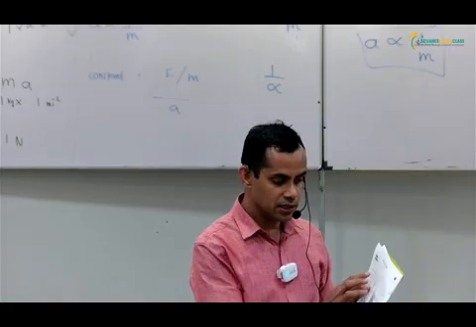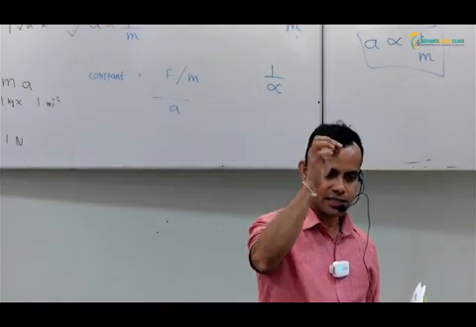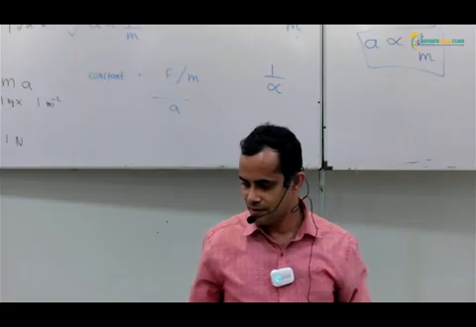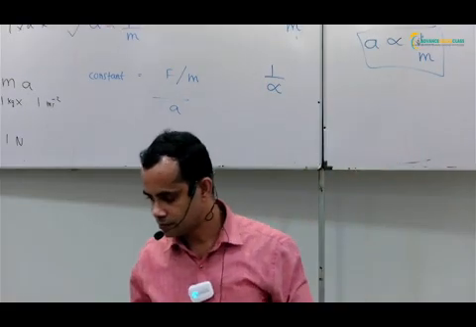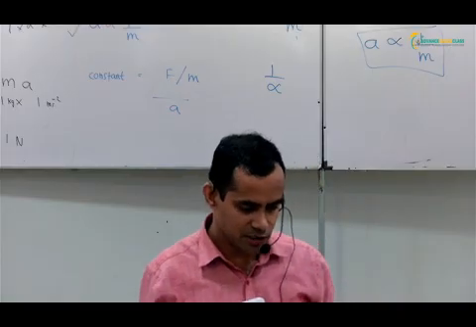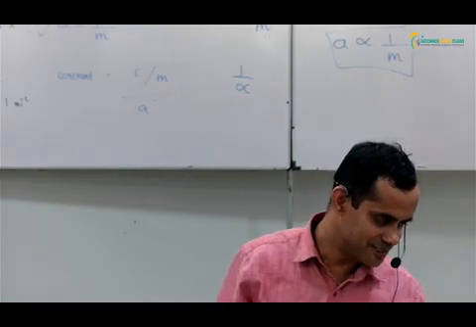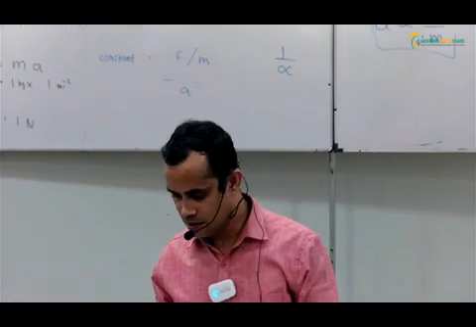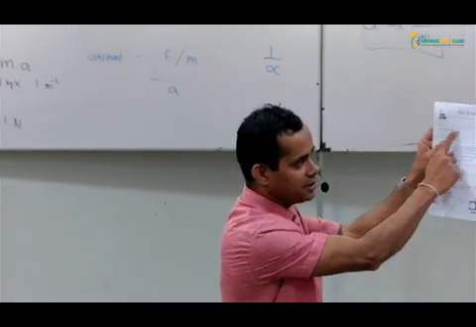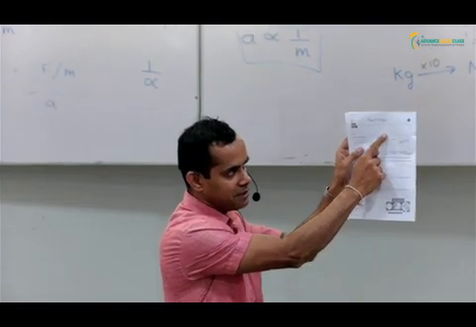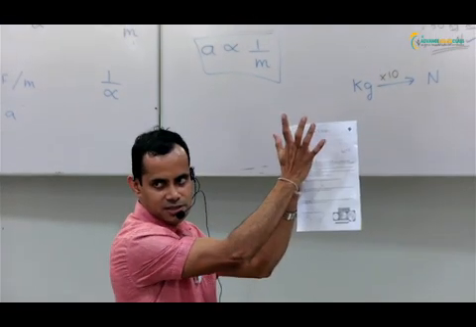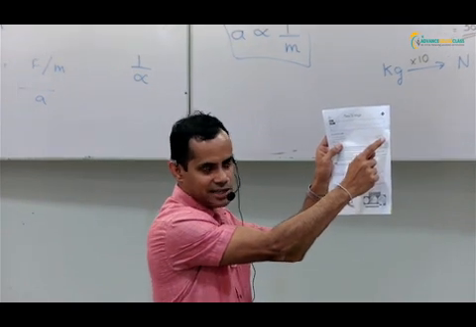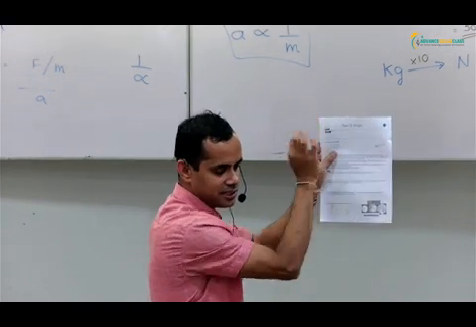Write it big inside that box. There is a big box there. Inside it write F equals ma, therefore W equals mg. You can see here kg arrow N, right, on that arrow into 10. Multiply by 10.